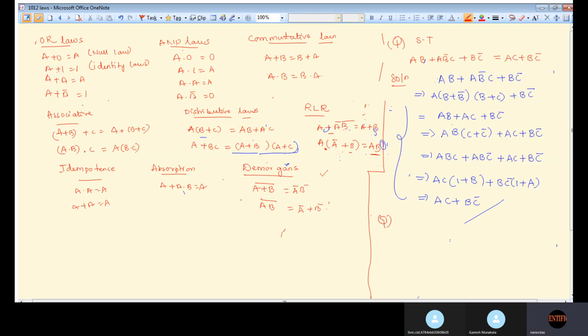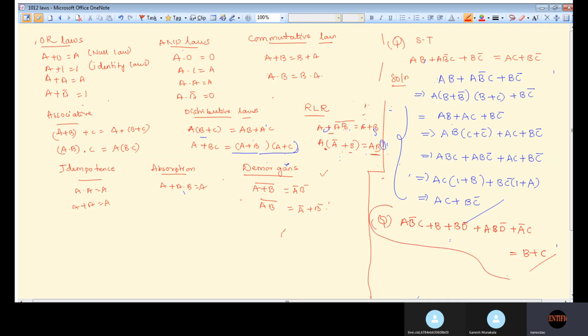So one more question is, you try to solve this. AB bar C plus B plus BD bar plus AB B bar plus A bar C is equal to B plus C. Prove this one. Solve it. Whether you got the answer or not, tell me.